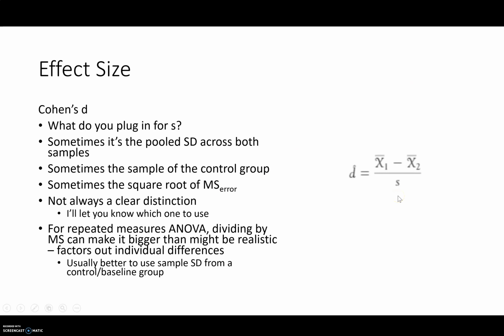If you have a control group, sometimes you take the standard deviation of the control group sample. Sometimes you'll use the square root of MS error. That's something you might do when you're doing a one-way ANOVA. It's not always a clear distinction. Okay, so I'll be specific on assignments. I'll let you know which one you should use.